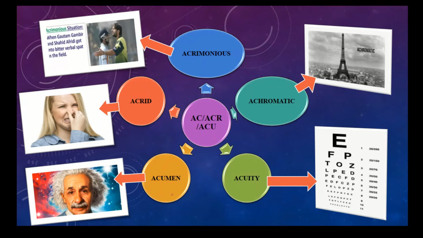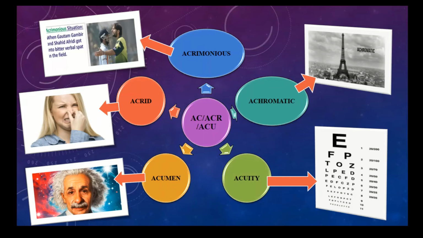Acumen meaning, here I have taken sharp in a positive sense. That's why I have kept Einstein's photo to make you understand the meaning of acumen. Acumen meaning sharpness of mind, intelligence, ability to make good decisions.